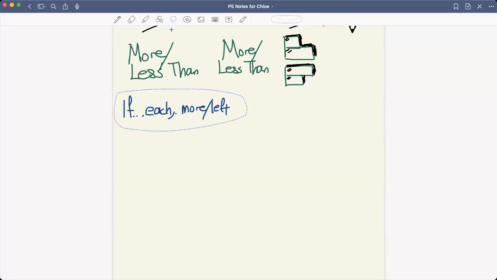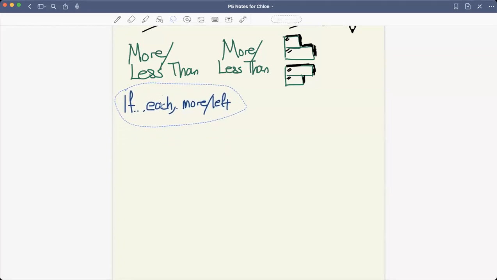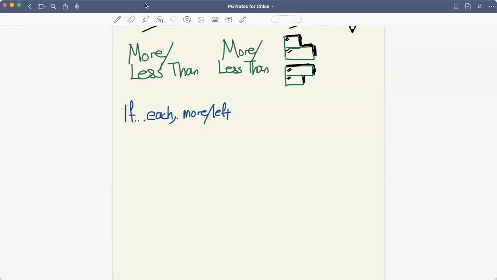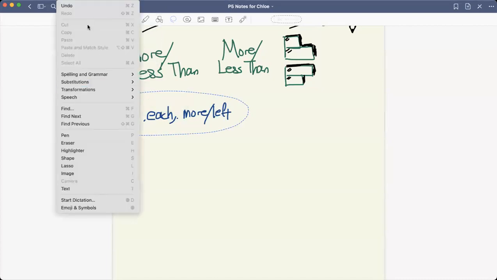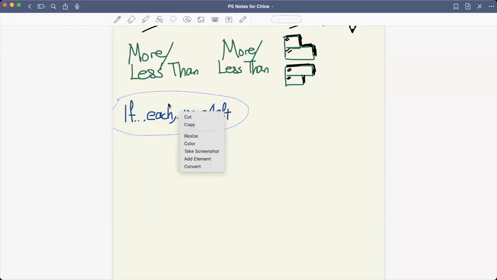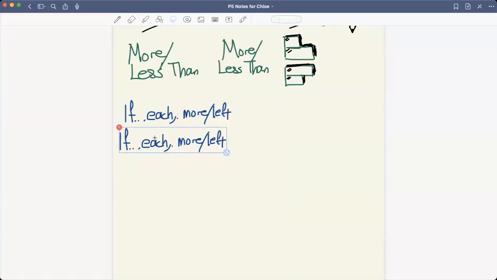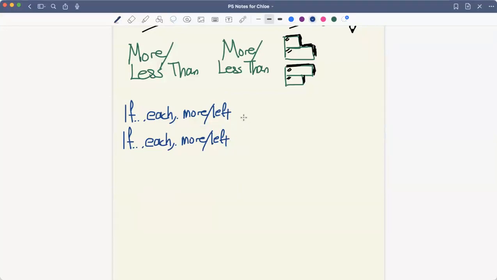Okay, done. This is a two if question. Then you use the 3-step.